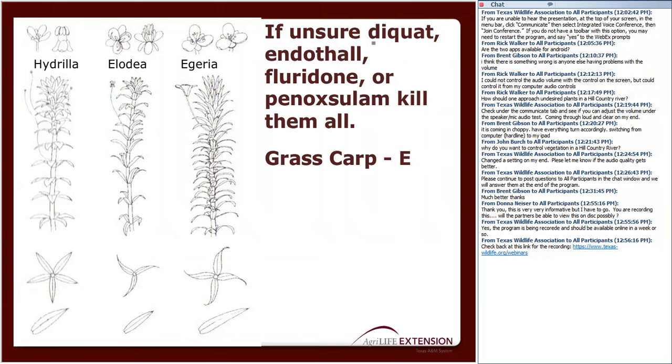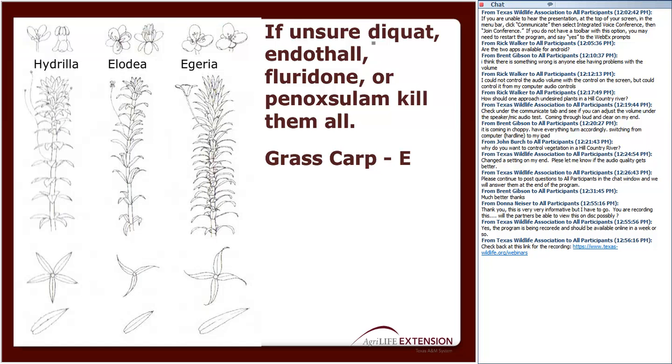All right. If you're one of those people that just really has to know what you're treating, the simplest way is by the line drawings. If you break the stem and look down on the leaf whorl, Hydrilla is going to have on average 5 leaves per whorl, and they're going to be straight.